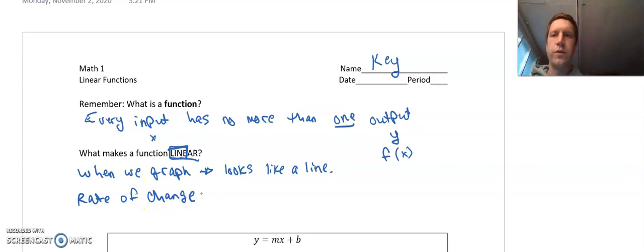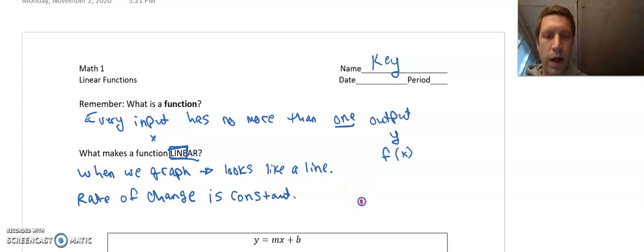And rate of change refers to how one variable changes with the other variable. Okay, so when we have a linear function, it means that rate of change is constant. No matter when we look at how the variables relate to each other, that rate of change is always the same. So if you think about a line, remember when we were plotting, we would plot like the y-intercept, and let's say the slope was 1 over 2.